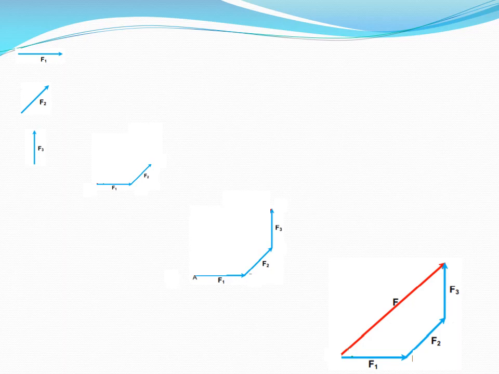So we have attached all three vectors by the head-to-tail rule. Then how to get the resultant vector? By joining the tail of the first, F1, to the head of the last, F3. This red arrow shows the resultant.